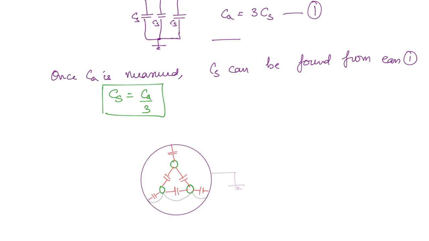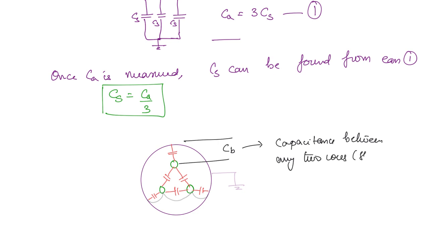This we will represent as CB. So this is the capacitance between any two cores which are shorted with the sheath and the other core.